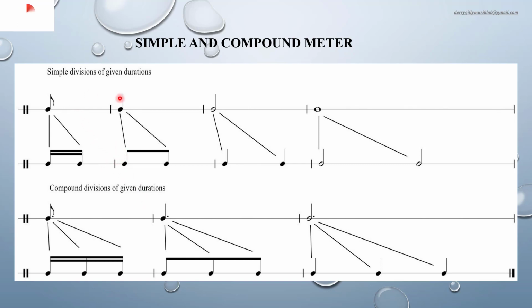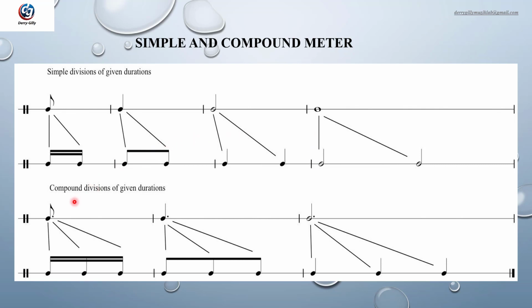Okay, this is the simple division of a given duration. So this one is 2, this one is 2, this one is 2, this one is 2, and this shows that the prevailing background pulses have been divided into two proportionally equal portions. You could see that each of these has been divided exactly into two.